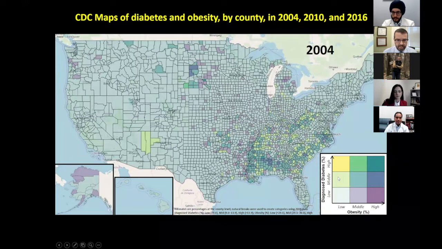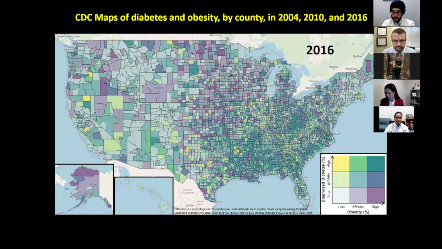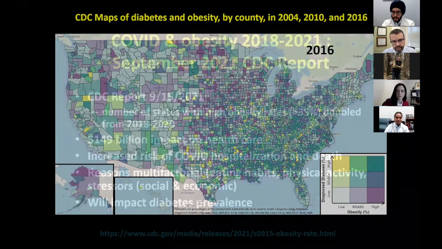Dark green is high prevalence rates of obesity and diabetes. This is 2004, moving through 2010, finally into 2016. I think this is very striking that over a very short time frame, we've seen a significant rise, and this is on the background of rises also in previous decades.